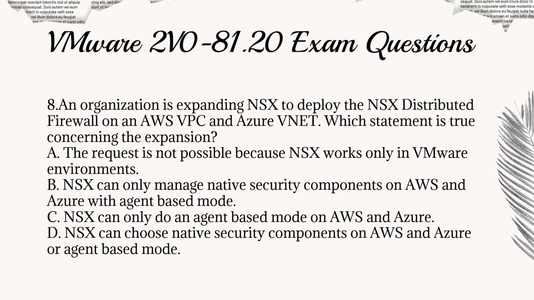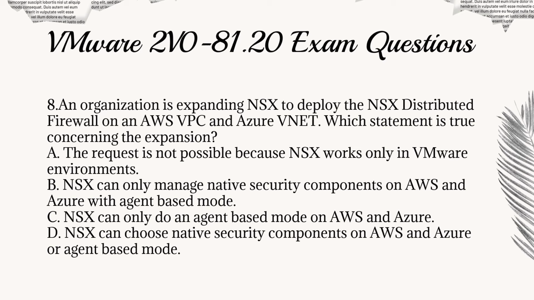8. An organization is expanding NSX to deploy the NSX distributed firewall on an AWS VPC and Azure VNET. Which statement is true concerning the expansion? A. The request is not possible because NSX works only in VMware environments.